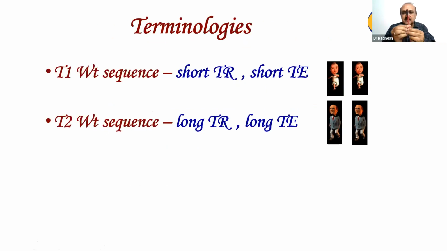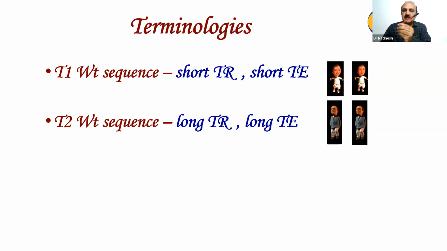In the T1 sequence, let's take this. This is the proton. RF will hit the proton. Now you know this. Patient is inside the magnet. Hydrogen is aligned along the magnet. Now you're hitting it with a radio frequency pulse. What do you mean by short TR? TR means repetition time. TE means echo time. Okay, or time to echo or time to repeat. Either way you can take. Now, I bombard this with a radio frequency pulse. Hydrogen flips.